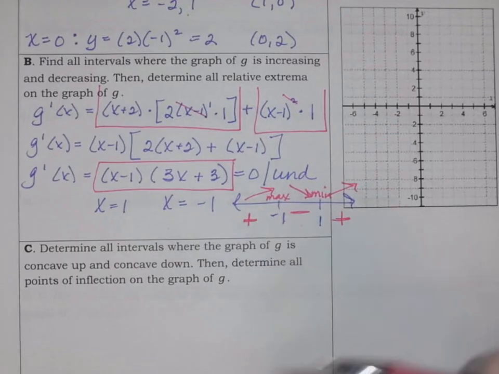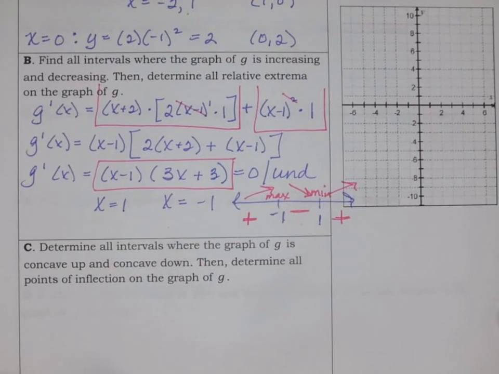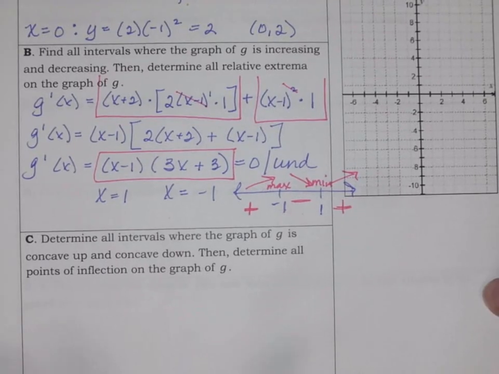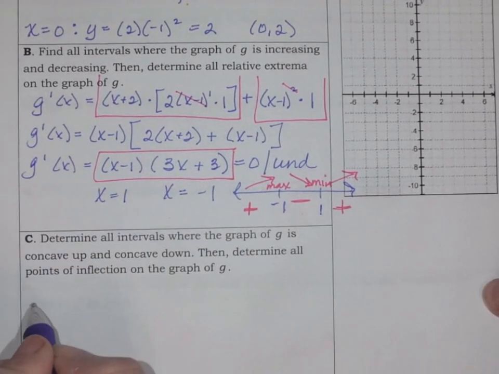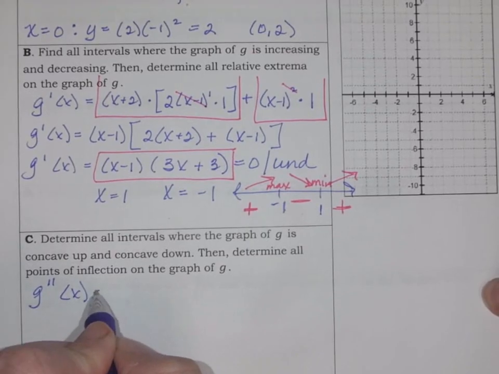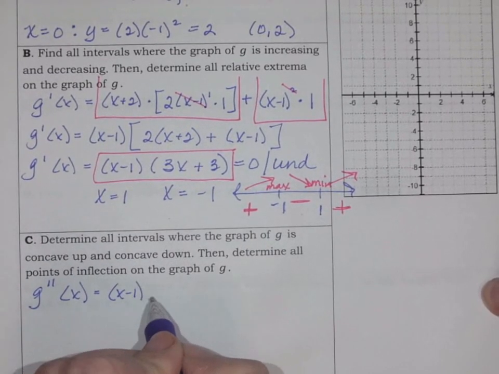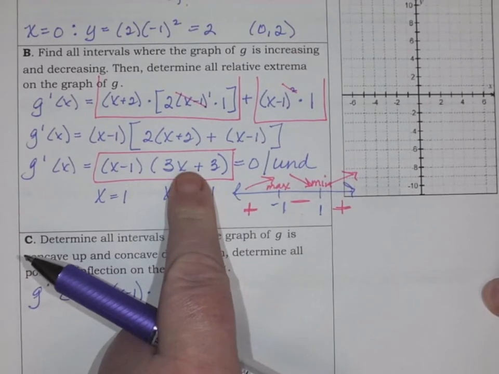All right, the next one is determine all intervals where the graph of g is concave up, concave down, and points of inflection. So I'm going to take my g prime and find my g double prime. So I'm going to do 1, so that's going to be x minus 1, times the derivative of the second term.